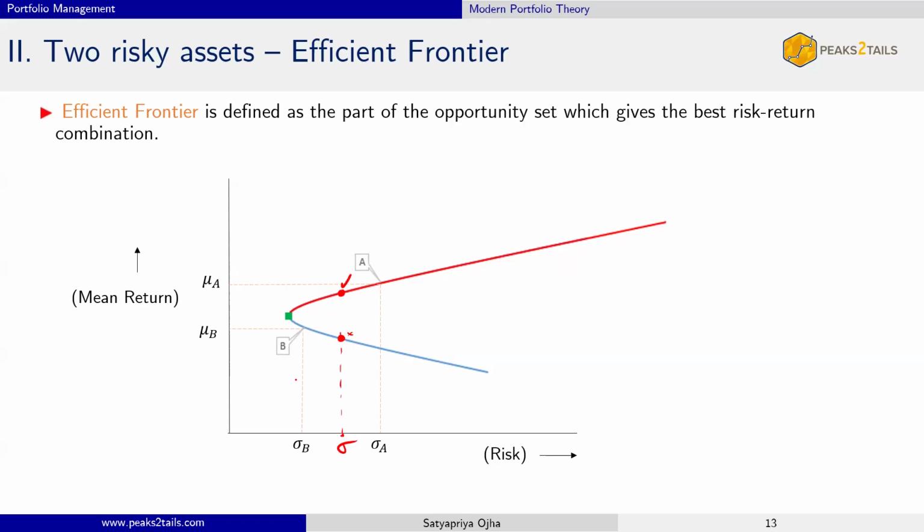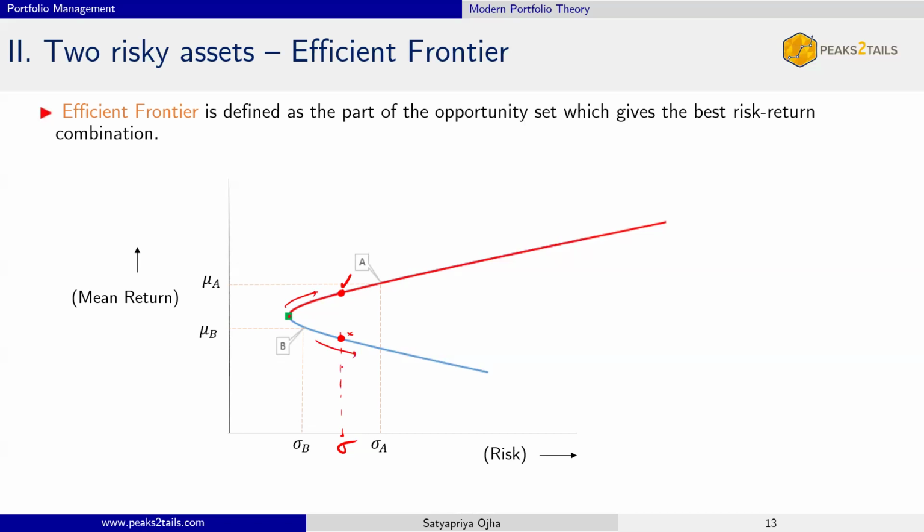So if you only look at portfolios which are efficient, that means for a given level of risk, they give the highest possible return, then we're looking at the red part of the curve. I've highlighted the portion of the opportunity set which is efficient in red color. Starting from here upwards, this side is inefficient.